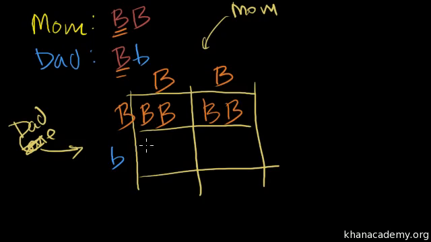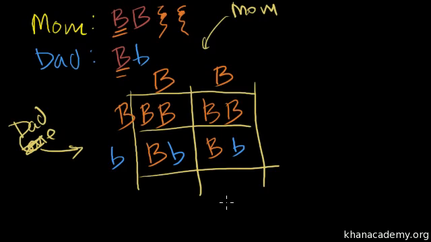Or you could get a brown allele from the mom and a blue-eyed allele from the dad. Or you could get the other brown-eyed allele from the mom. Right? When the mom has two homologous chromosomes, each of them has the same brown allele on it. So I could get the other one from my mom and still get this blue-eyed allele from my dad.